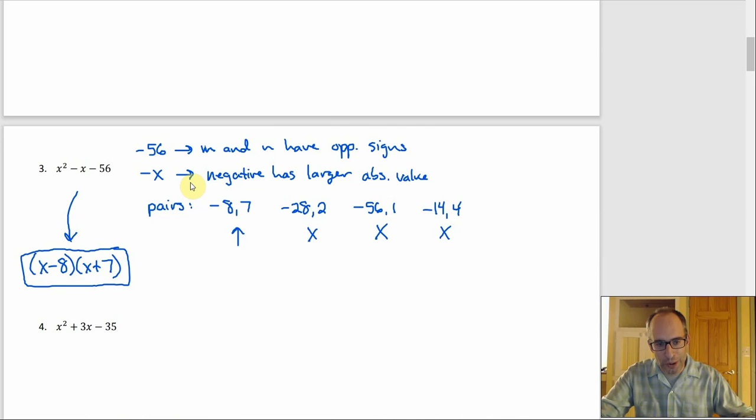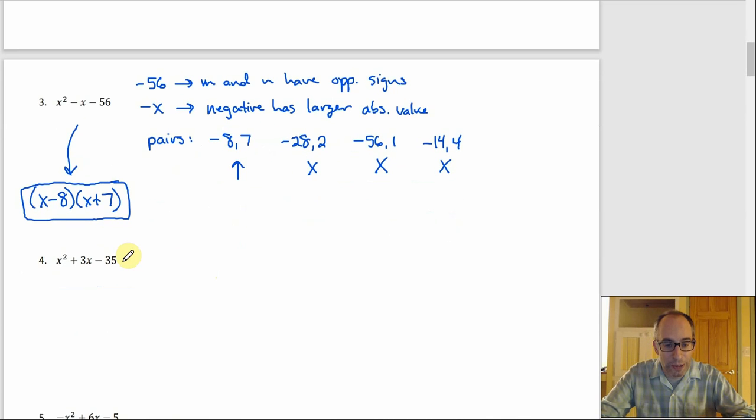All right, number 4. Let's see. Again with the negative constant at the end. So negative 35, that's going to mean that we should have opposite signs, right? But then 3x.